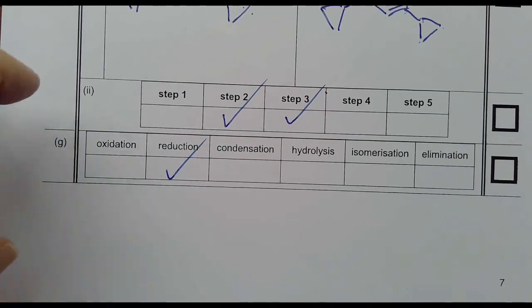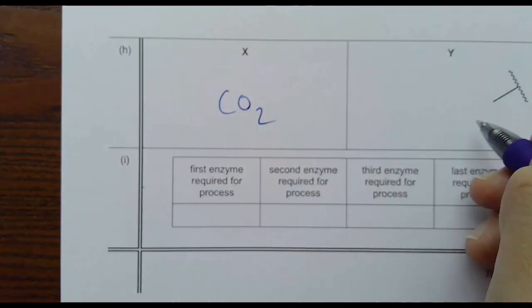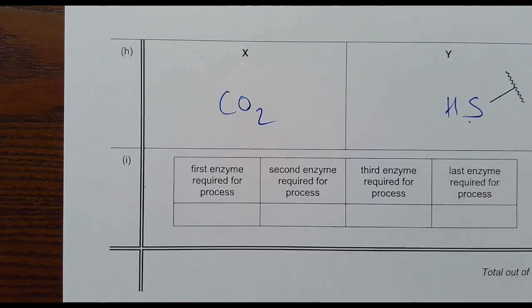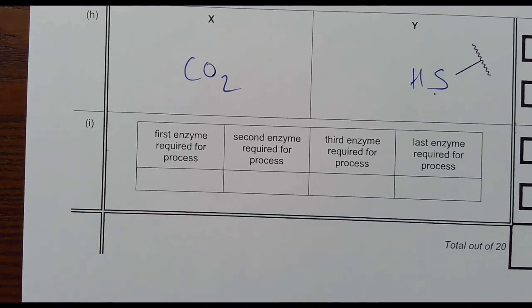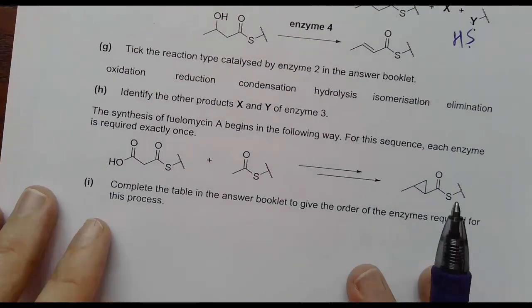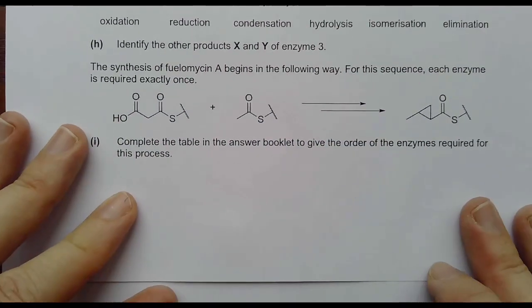Okay, so X is CO2, and Y is SH, because you wouldn't want to have just the S by itself. And then this is a really nice question. You get 2 marks for this, very generous.